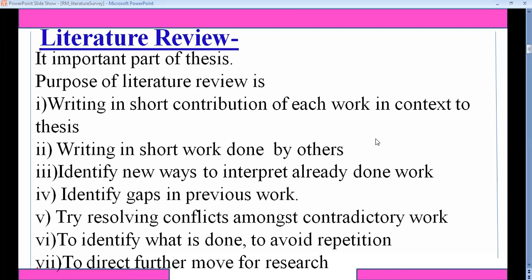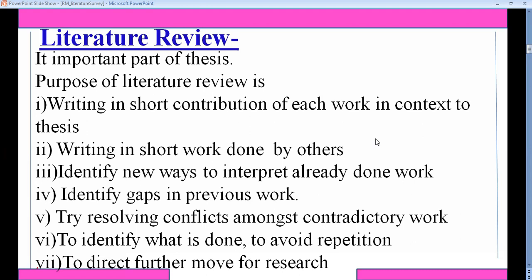So many times students ask me, sir, it is very difficult for us to read the whole paper. So a simple way of reading a research paper is to reach the abstract first. Read the abstract first, then read the conclusions.